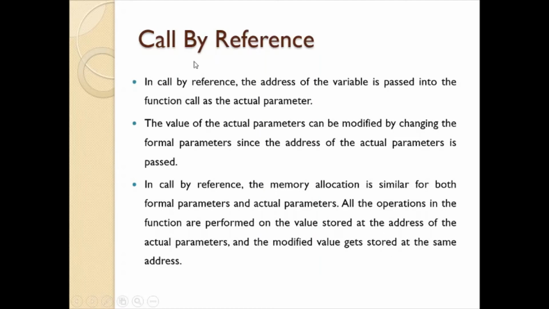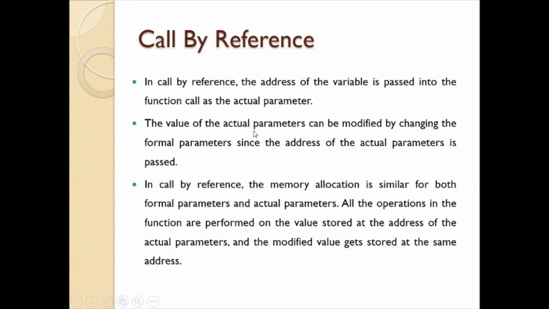Next, we'll move on to the second technique of argument passing, that is call by reference. In call by reference, the address of variable is passed into the function call as the actual parameter. In the previous technique, we have passed the value. In this technique, we are passing the address of the variable.